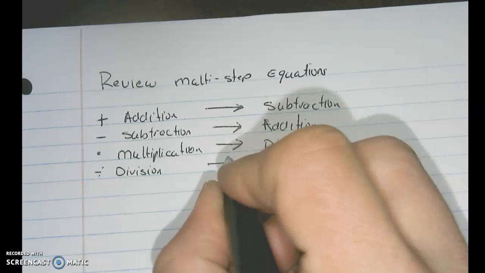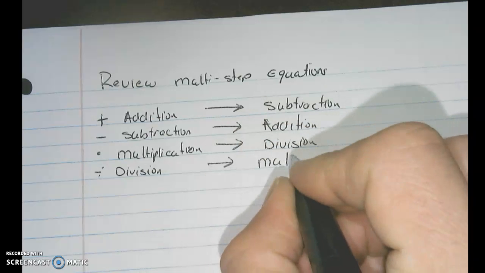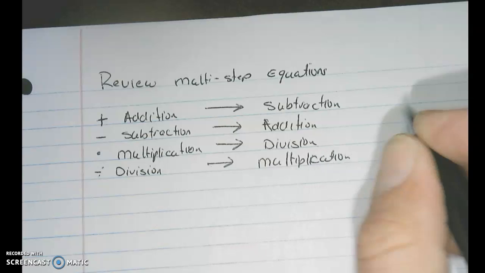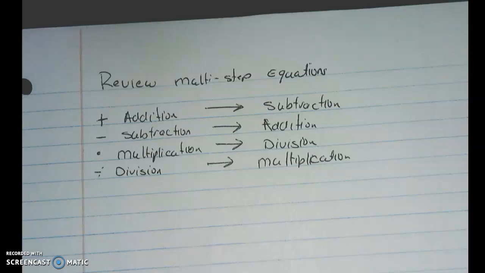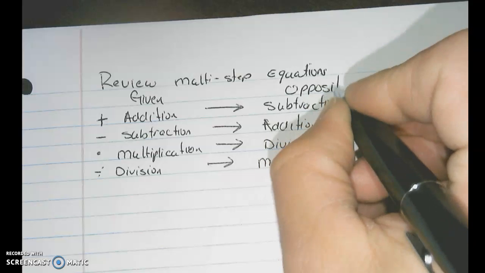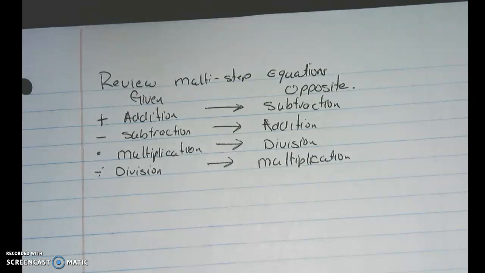And then, of course, you're going to have multiplication. All right. So this is given, and this is the opposite. Sometimes just to recognize what I'm given and then work towards the opposite, that's probably the best thing we can work with, okay? All right.